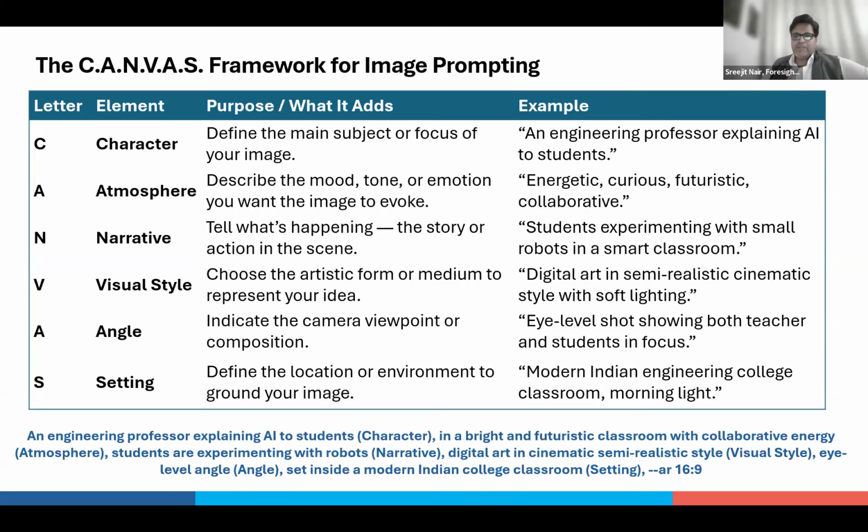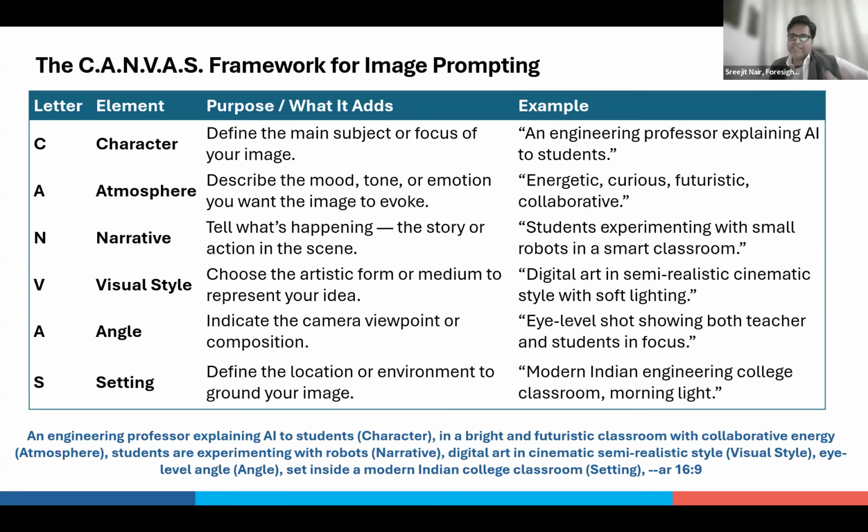Here I'm giving you another prompt: an engineering professor explaining AI to students. So that is something that we would like to see. So engineering professor, that is the character that we want. Then atmosphere. Describe the mood, tone, and emotion you want the image to evoke.